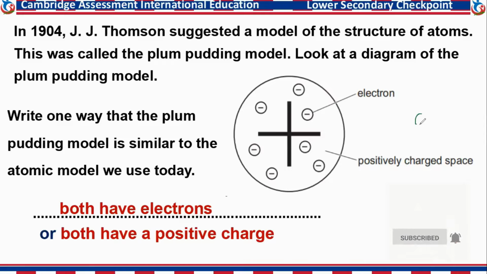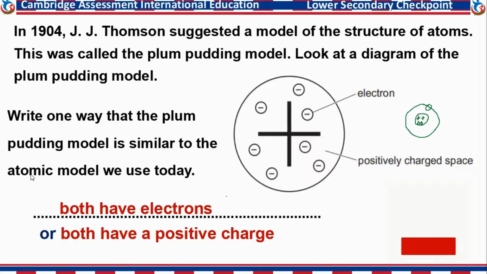Remember, we have the nucleus, and inside the nucleus we have the protons, positively charged, and the neutrons, no charge. Then you have your electrons on the shell. So this is a similarity between the Plum Pudding model and Bohr's model, which is the atomic model we use today.